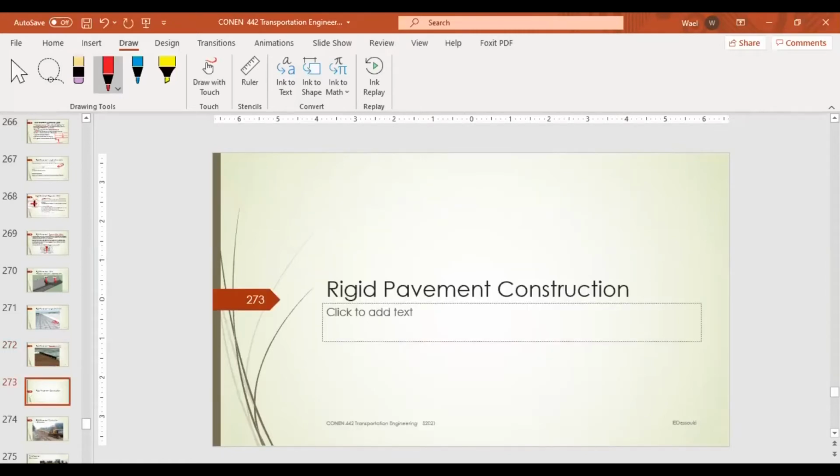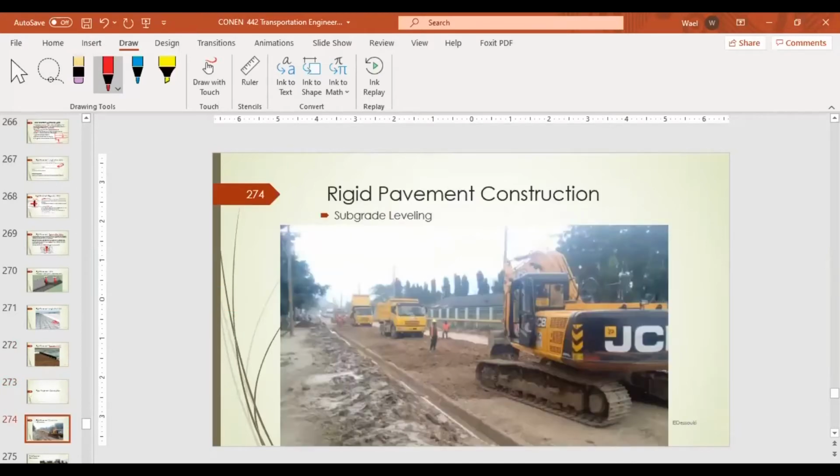What are the steps for rigid pavement construction? First of all, we start with subgrade leveling. That's the first task, leveling the subgrade, the natural soil. We try to level it to match the vertical and horizontal alignment.